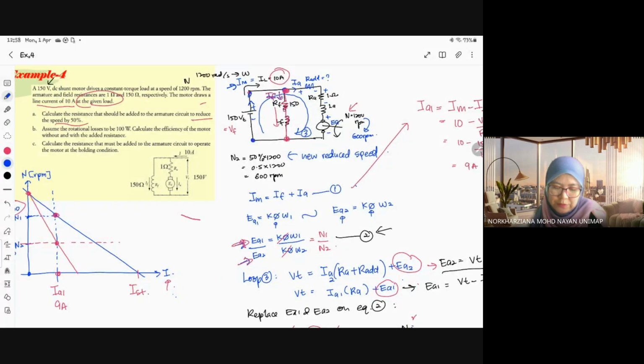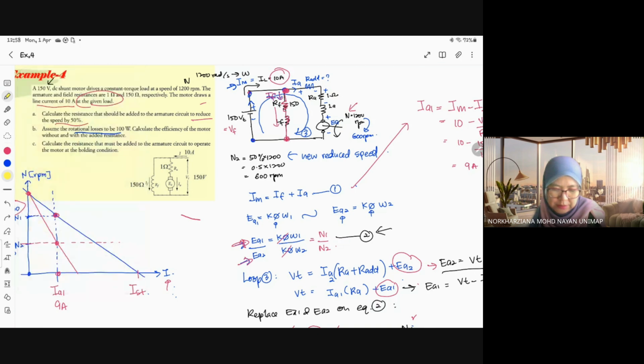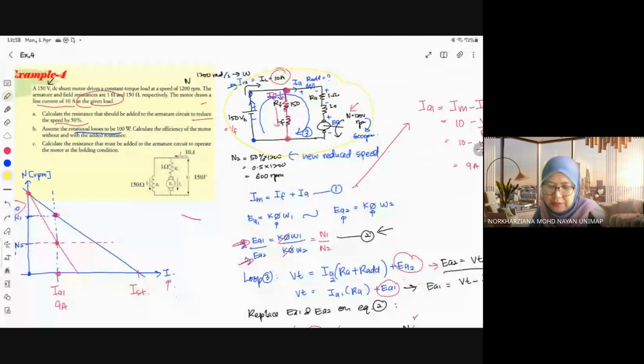First, you found that the rotational losses 100 watt. Okay, and from this circuit, right? From this circuit, we can find two losses, which is losses from RF and losses from RA.